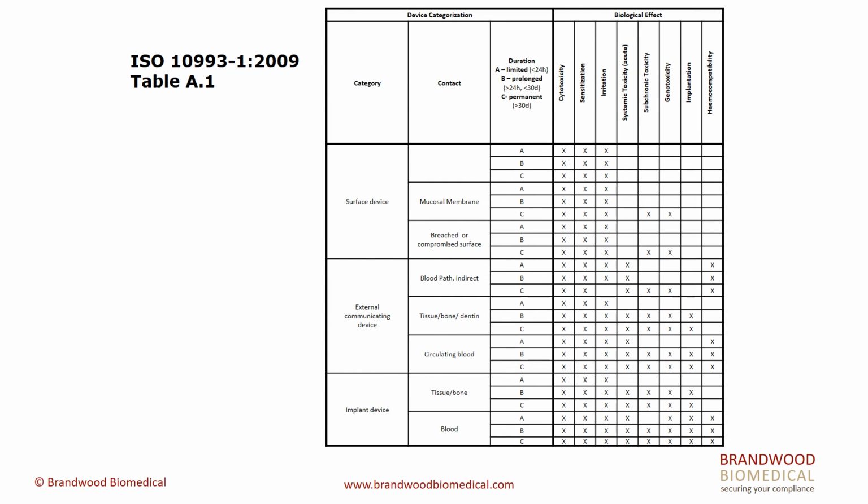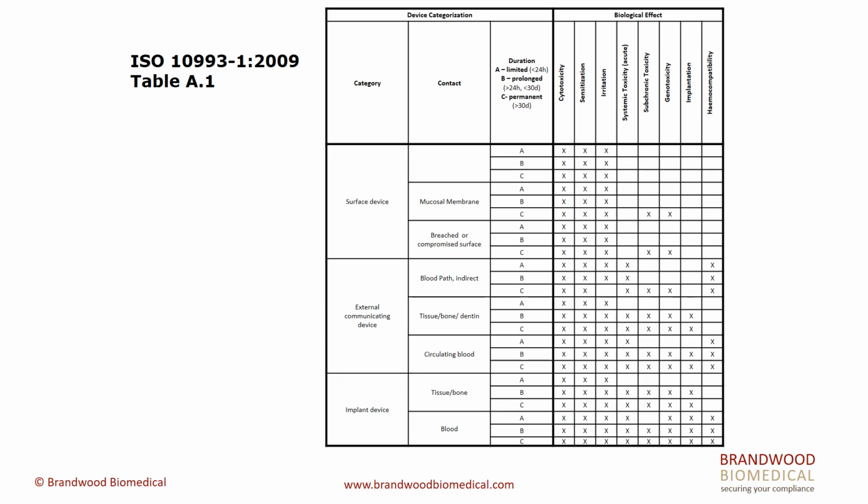So here's what most people are familiar with when they think about ISO 10993. The Table A1 in the parent standard of Part 1, which provides guidance on what aspects of biocompatibility should be considered depending on the nature of your device and its invasiveness.